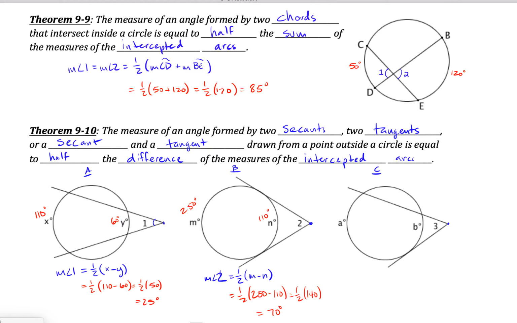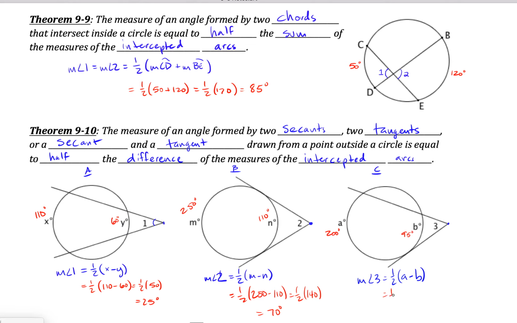Lastly, in diagram C, we have the secant and the tangent meeting right here, and that would mean that the measure of angle 3 would be half of the A measurement, this arc's measurement, minus B, which is this other intercepted arc's measurement. As an example, let's imagine that arc A right here looks to be maybe 200 degrees, and let's say that B is 95 degrees.